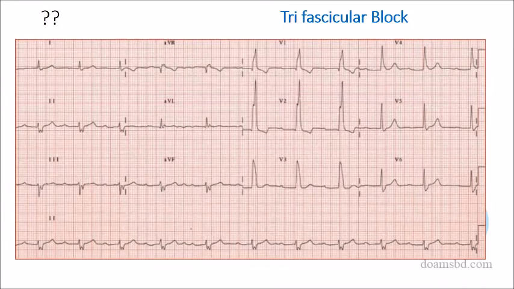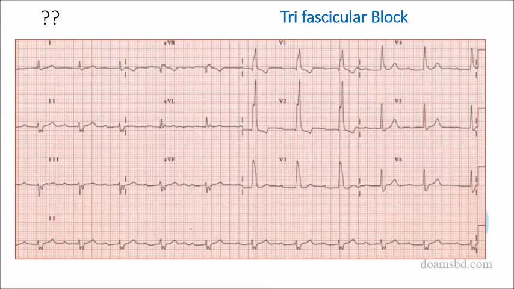The major fascicle, that means the major branches of the conducting system. Try to remember my understanding, please. One is a common bundle, called the bundle of His. Another is the right bundle on the right side, left bundle on the left side. And the left bundle divides into 2, anterior fascicle and posterior fascicle.